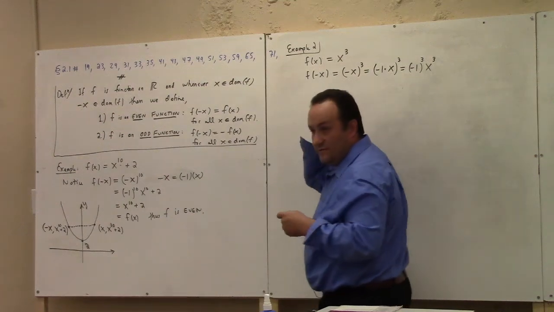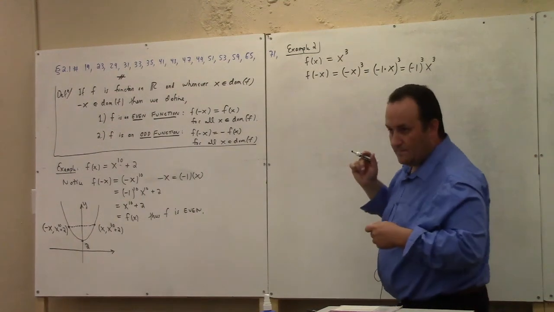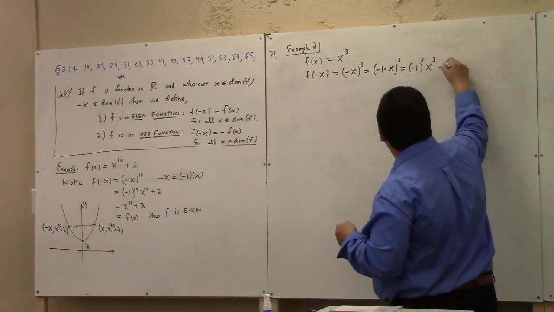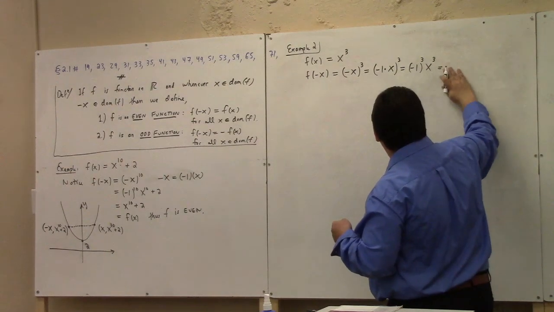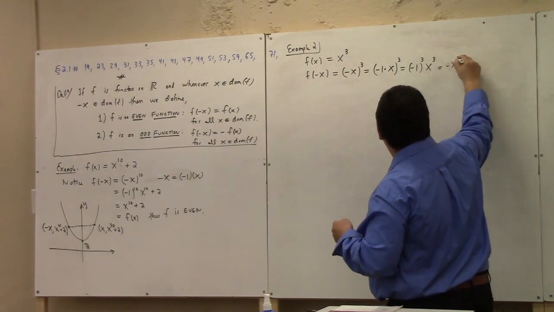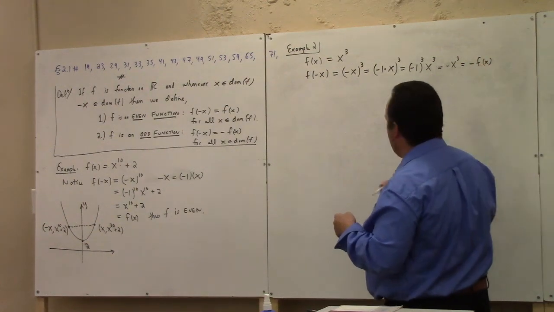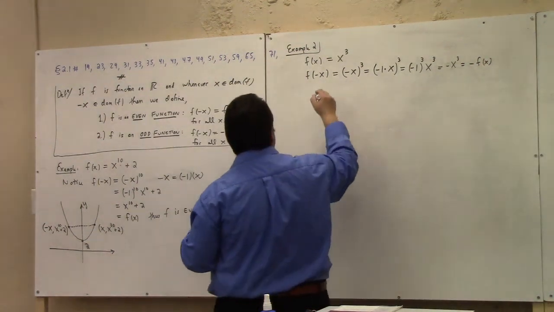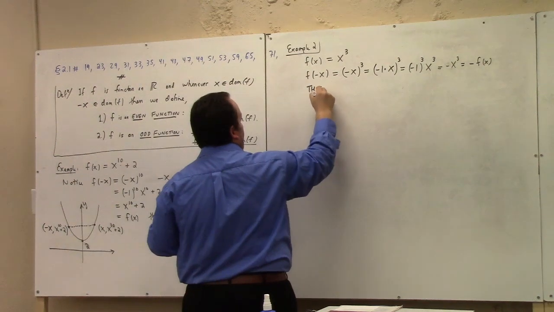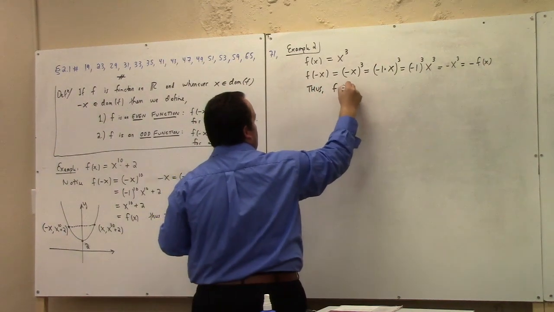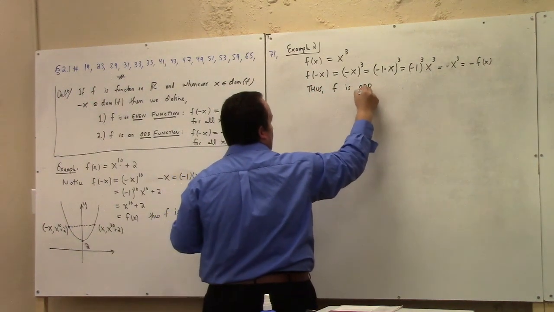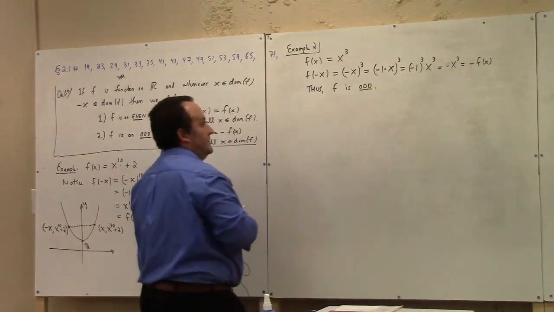But what's minus 1 to an odd power? Negative 1, right? So this is minus x cubed, which is minus f of x, right? So thus, f is odd.